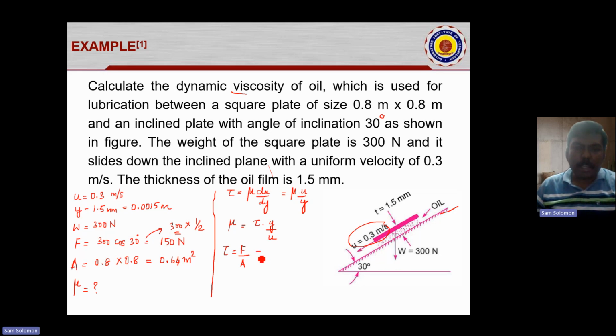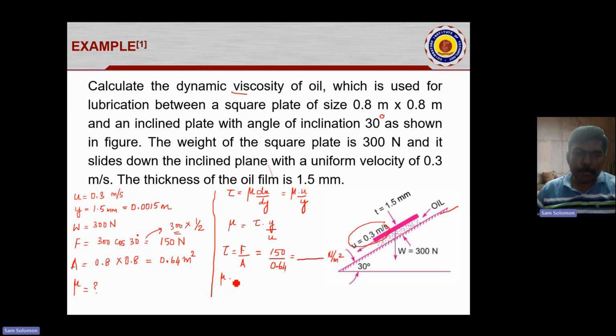So your F is 150 and area is 0.64. That would give you the value in Newton per meter squared. And then we substitute the values in tau times y by u. So let me take it as such, 150 by 0.64.